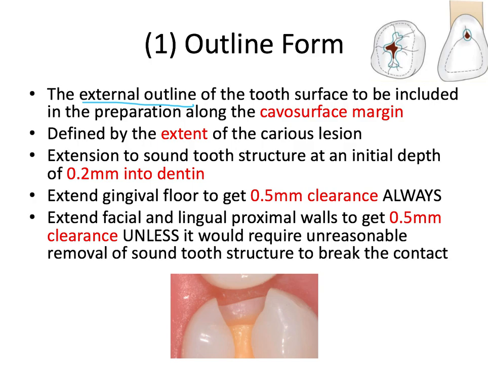This external perimeter is defined by the extent of the carious lesion. So you extend mesial, distal, facial, and lingual as needed in order to remove the caries.